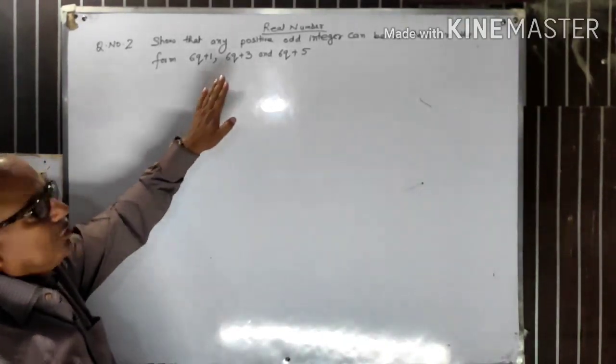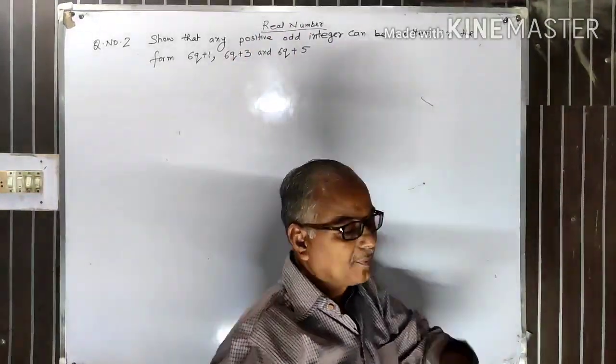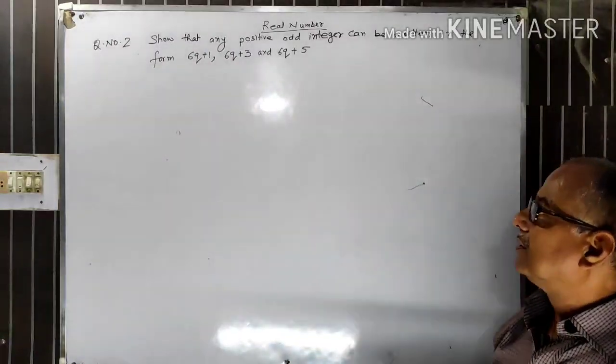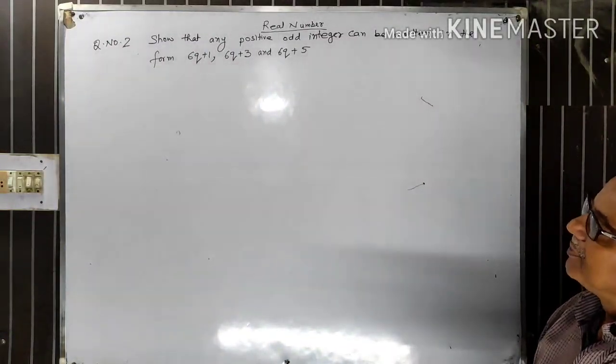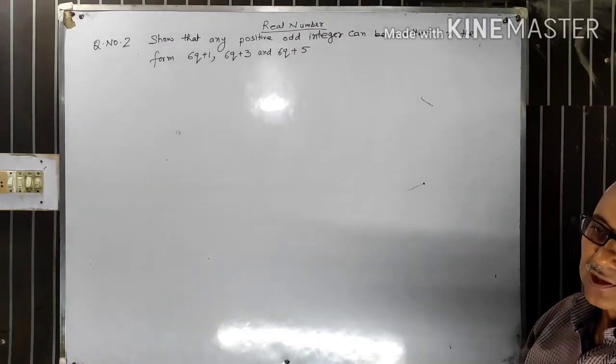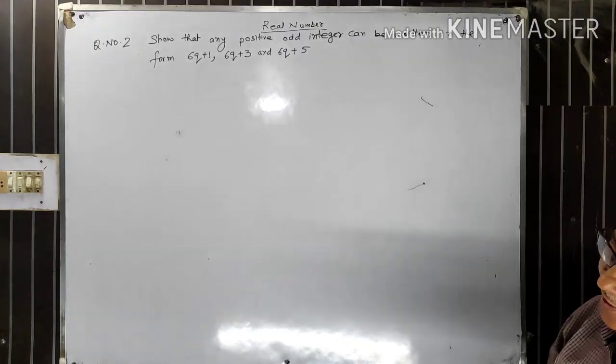So we have to show that any odd positive integer can be written in the form 6q plus 1, 6q plus 3 and 6q plus 5.